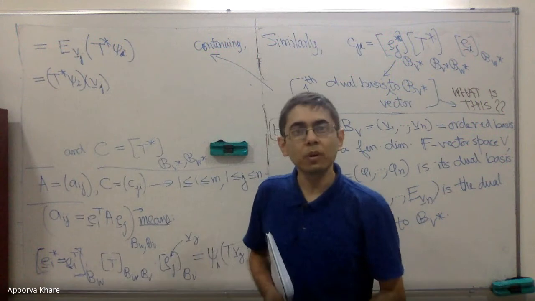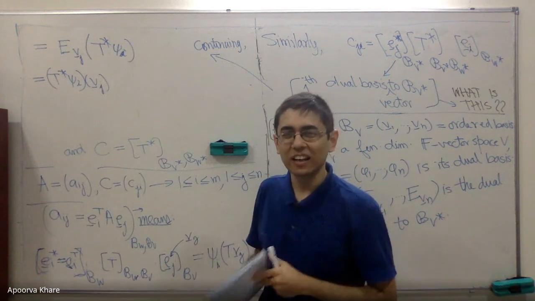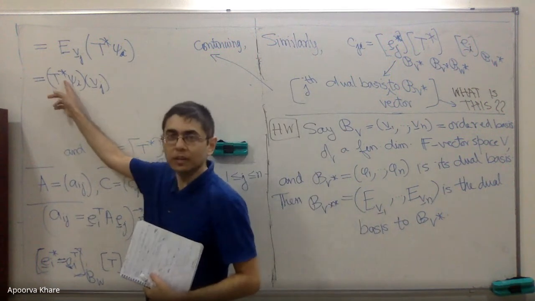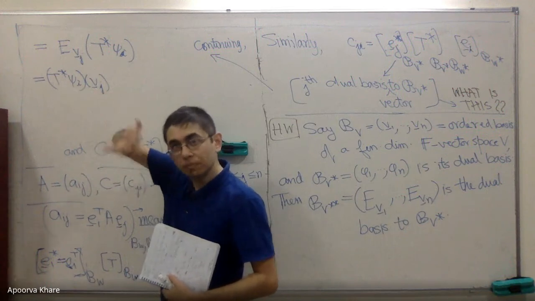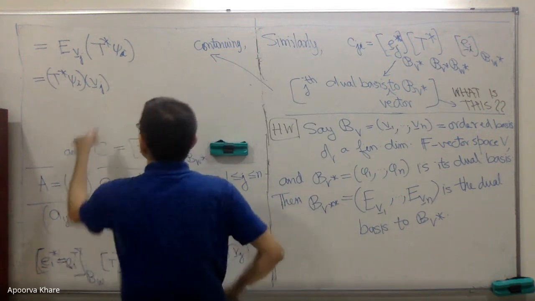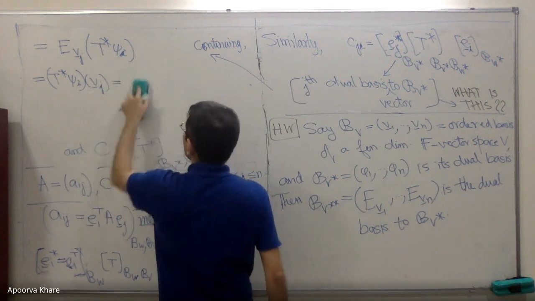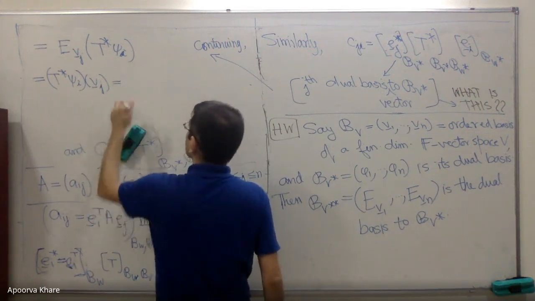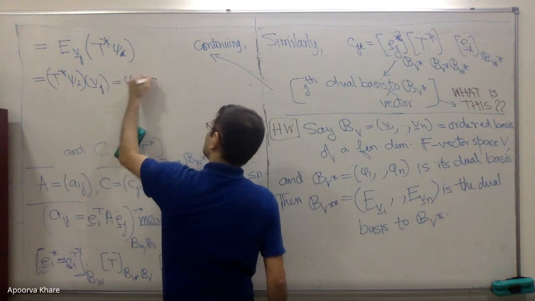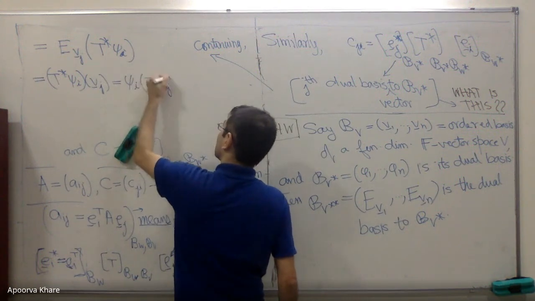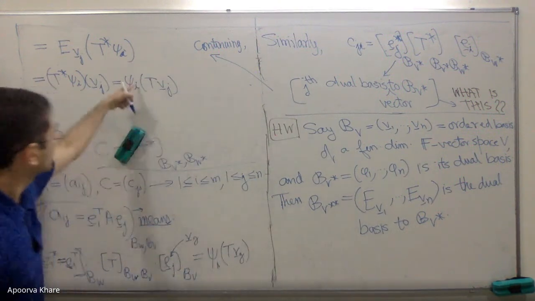And now you have to remember what is the definition of T star, the transpose map. What did this mean? T star of psi is just post-composing, right? This is literally equal by definition to psi i of T of Vj. And so guess what? This is exactly Aij.